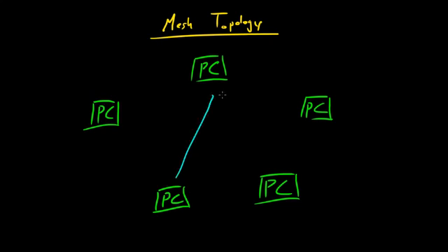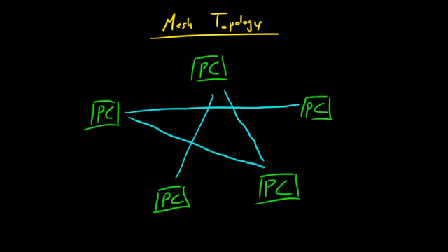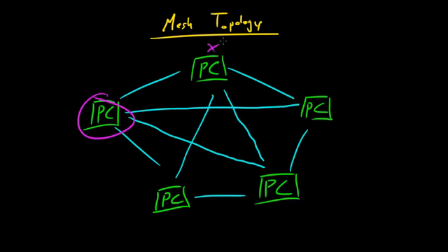Let me just draw it real quick. This would be connected to this, to this, and of course, so I think if I draw it like this, then this blue thing is of course Ethernet, and as you can see, every single computer in this network is connected to every single other computer. For example, this one is connected to this, this, and this.